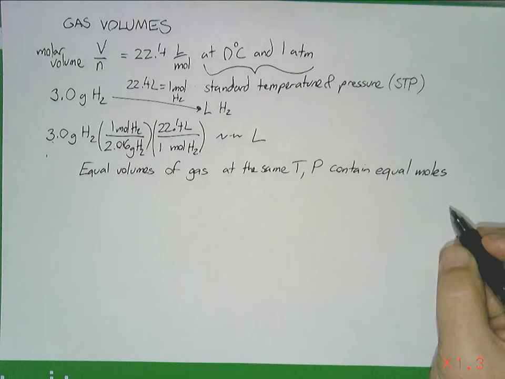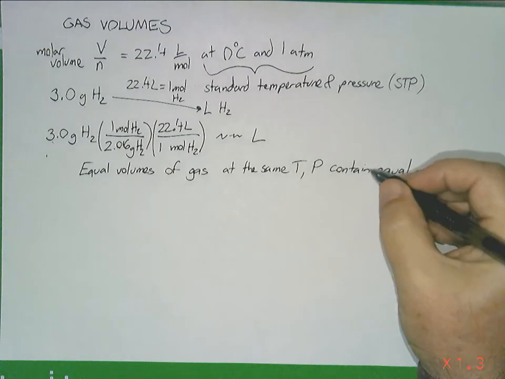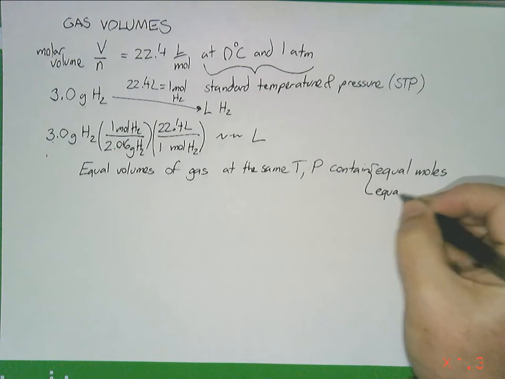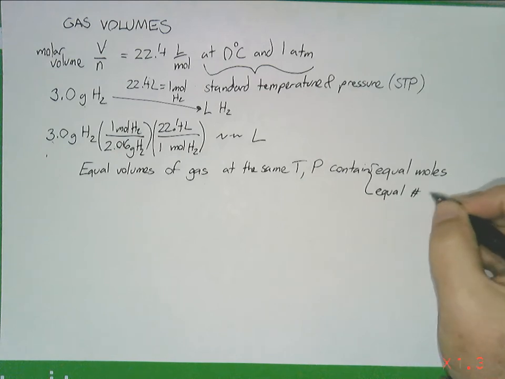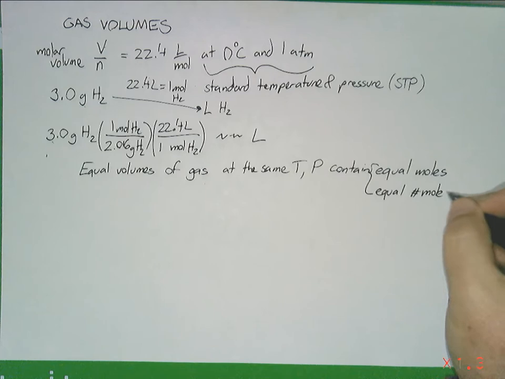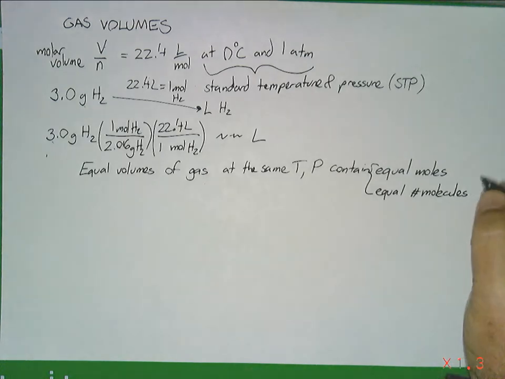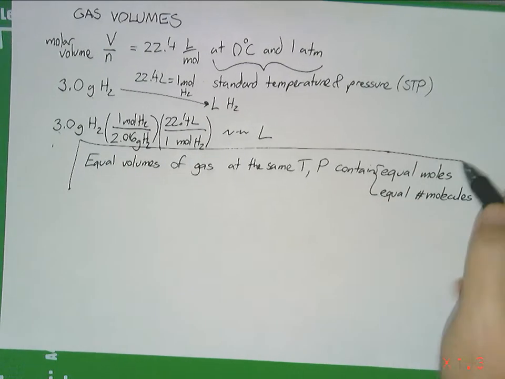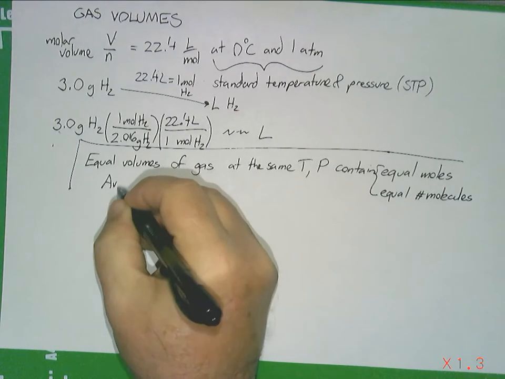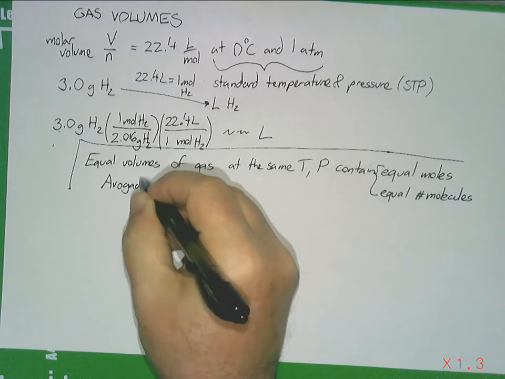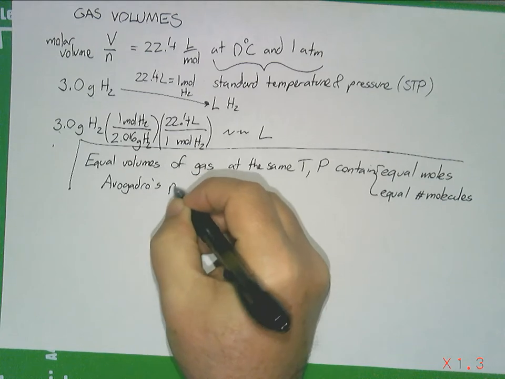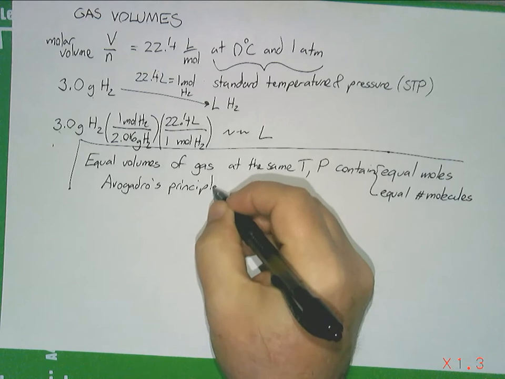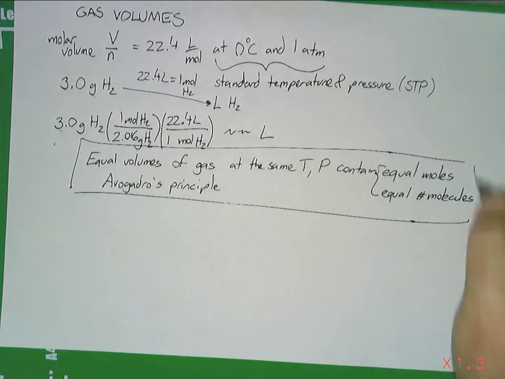Or you can say, if they have equal moles, not just equal moles, but equal numbers of molecules. This statement has a name. It's called Avogadro's principle. So he has a number, and here's his principle. Let's put a box around that.